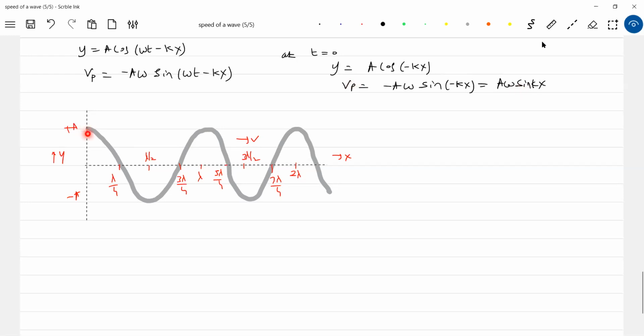Then as x increases, the sine function should increase. As the sine function increases, the speed of the particle also will increase. I'm very sure the wave is propagating here. So then how will the points on the rope at this instant be moving?